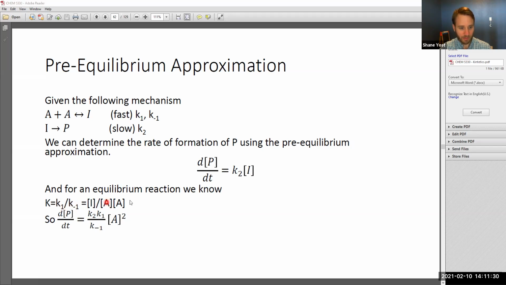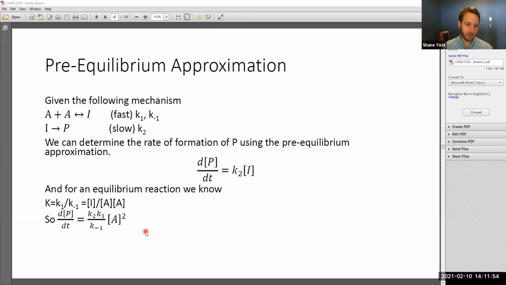You can notice that this formula, divided by the concentration of A squared, is just the ratio that gives the equilibrium constant. And so I can use this to get rid of the intermediate from my rate law, to get this final rate law expression, K2 K1 over K minus 1 times the concentration of A squared.